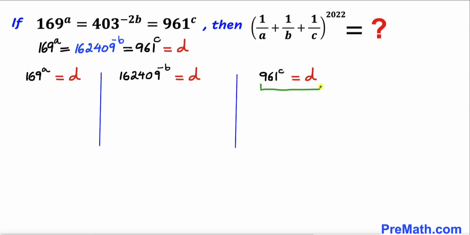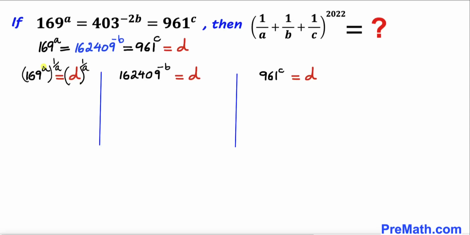Now let's focus on the very first equation. I am going to take power 1 over a on both sides. The a and 1 over a cross each other out, so we end up with 169 equals d power 1 over a.